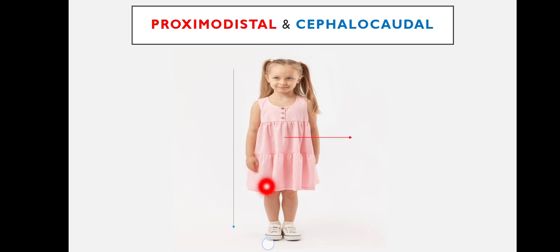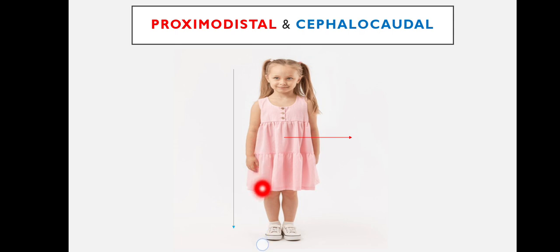And then from there they will start sitting. After sitting, that's when they are going to start using their legs. Maybe they will start leaning on objects so that they can stand. From standing, they will start walking. Have you seen the cephalocaudal? This is how development occurs, from head to toe, or from upwards downwards.